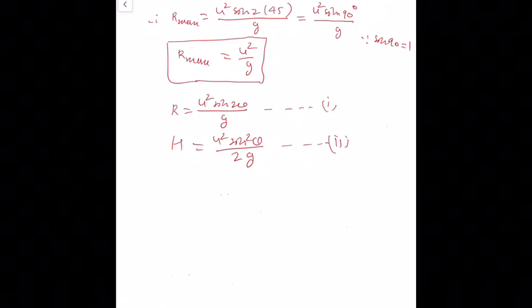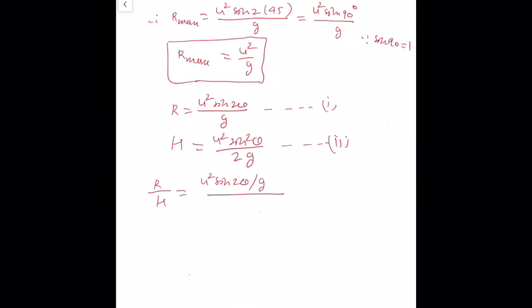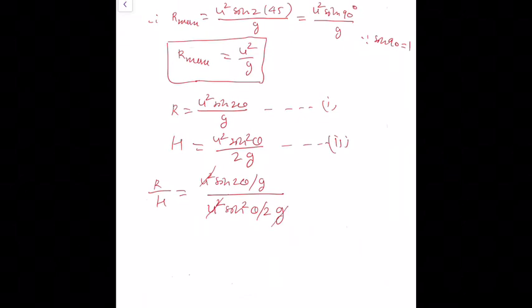So divide equation first by equation second. So R upon H is equal to u square sin 2 theta upon g, and H is u square sin square theta upon 2g. u square to u square cancel, g to g cancel.